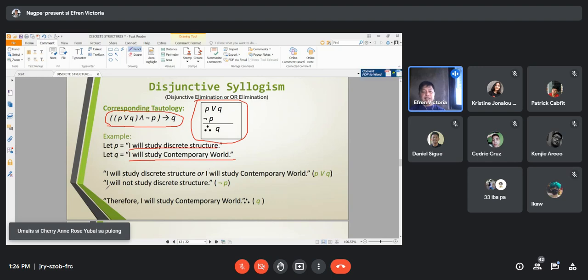So the second premise is I will not study discrete structure. Therefore, I will study contemporary world, which is Q. Nakuha? Nasundan yung example?